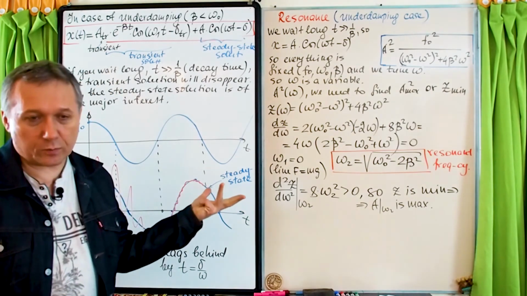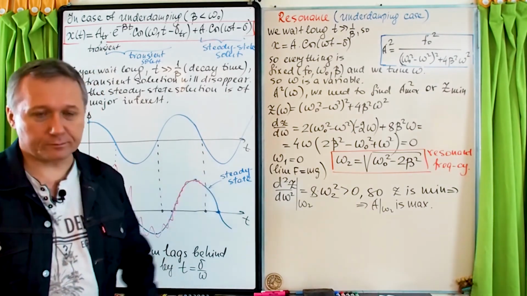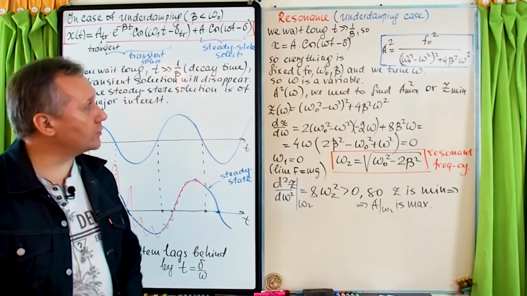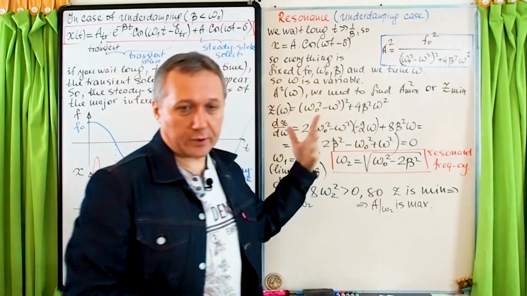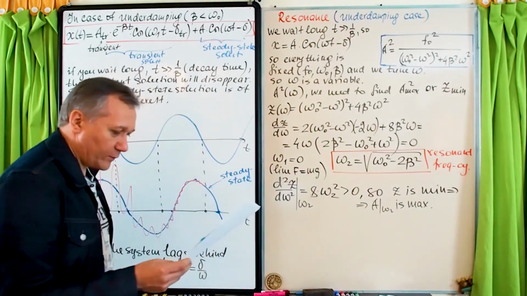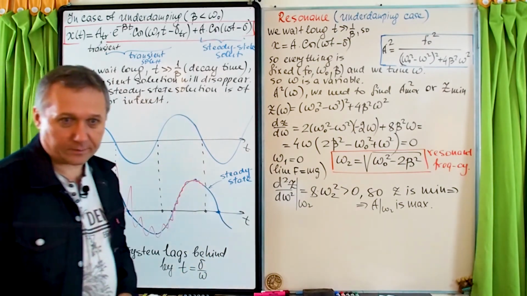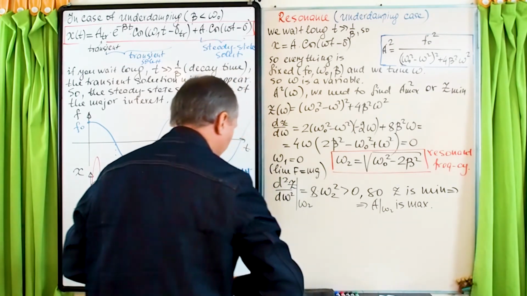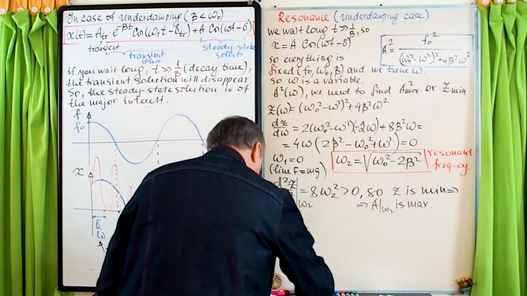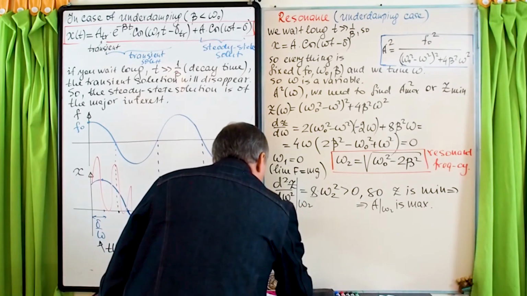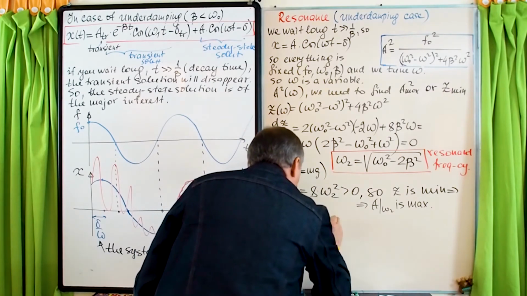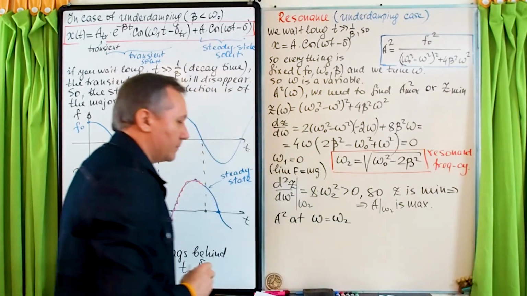And now, what's next? What's the value of the response? Let's find the amplitude at omega 2. I think let's first find the square of the amplitude, so A squared, when omega equals omega 2.